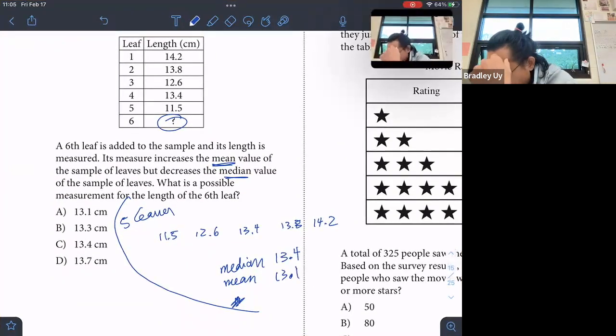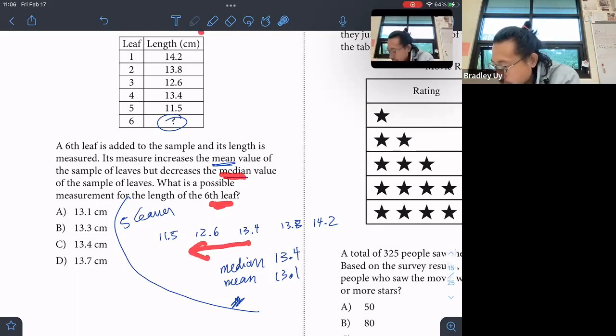Okay, so the possible measurement for the length of the 6th leaf, when we do bring in the 6th leaf, we will decrease the median, okay? Decreasing the median automatically implies we have a number that is less than 13.4.